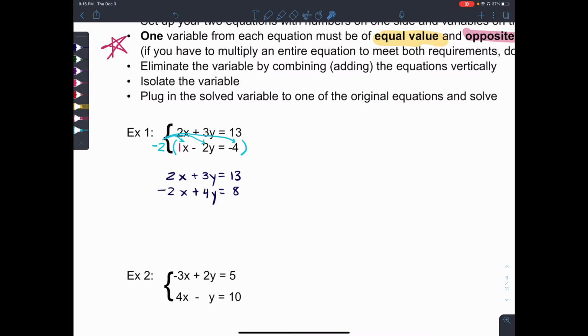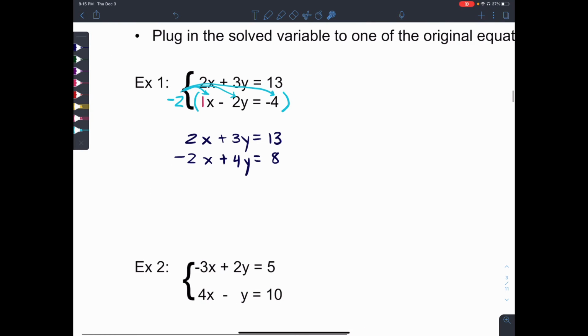Now the third step, eliminate the variable by adding the equations vertically. So here, put a nice line, and all of these are going to get combined vertically. I like using the word combined instead of added, since added tends to confuse some students.